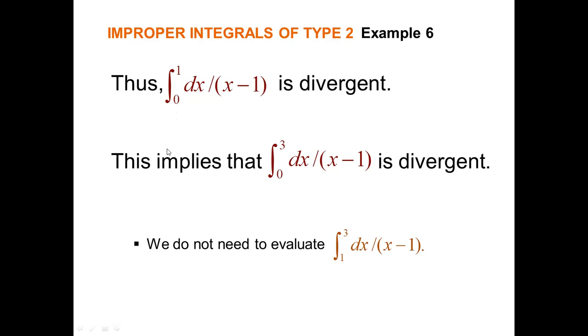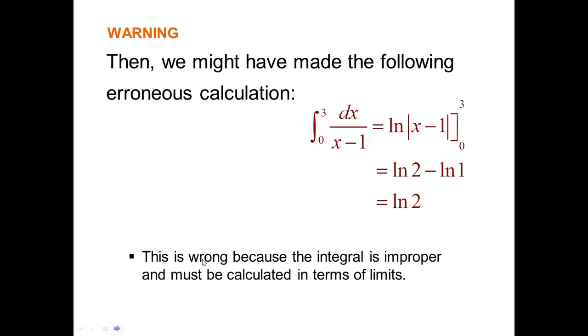That's where your error will come in, because improper integrals are said to be improper even if they can be evaluated, in the sense that you get an answer and it is convergent. But it is improper, not a proper integral, even though the limits are not infinity. Okay, so I will proceed. So this one is divergent and there's no need for it to be evaluated. This is a warning for you.